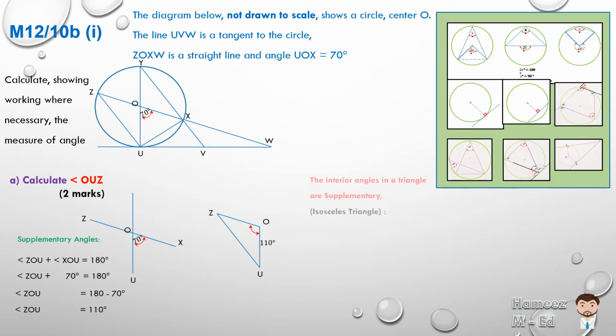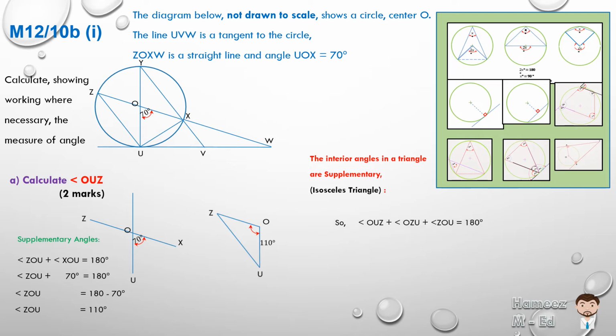Let's recall the interior angles in a triangle add up to 180 degrees. So, and this is an isosceles triangle, so we can write that angle OUZ plus angle OZU plus angle ZOU is equal to 180 degrees.